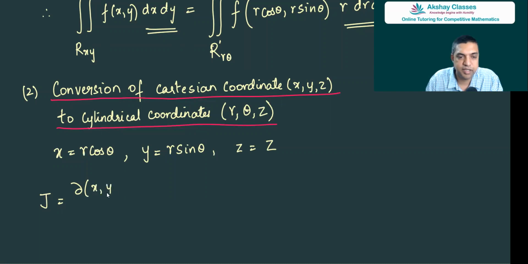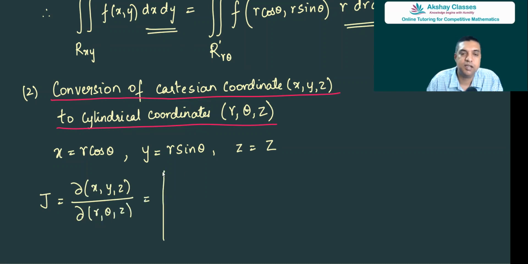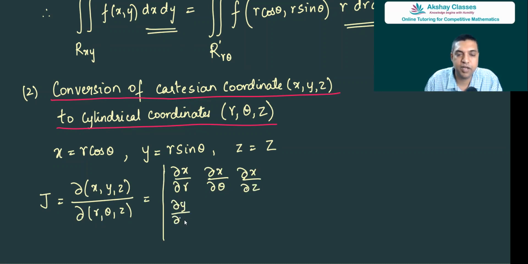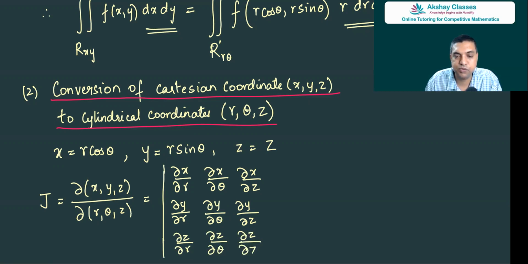The Jacobian ∂(x,y,z)/∂(r,θ,z) is the determinant of the derivative of x with respect to r, x with respect to theta, x with respect to z; derivative of y with respect to r, theta, z; derivative of z with respect to r, theta, and z.